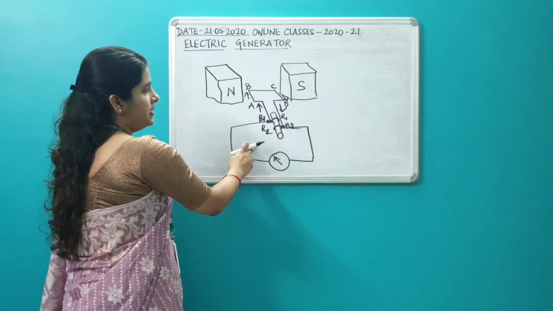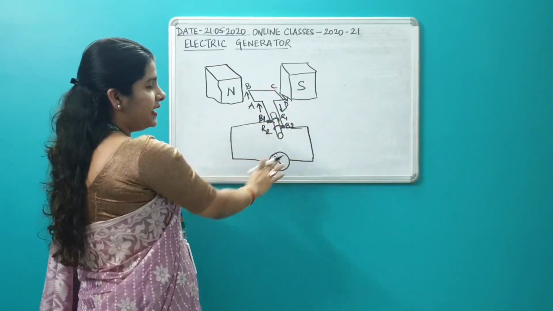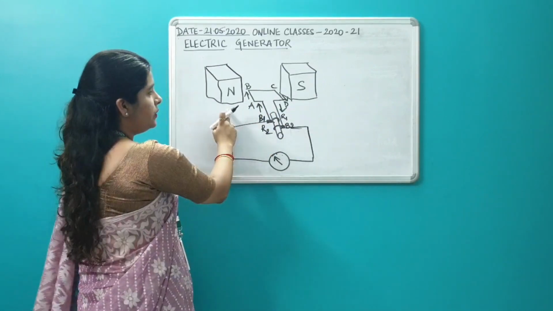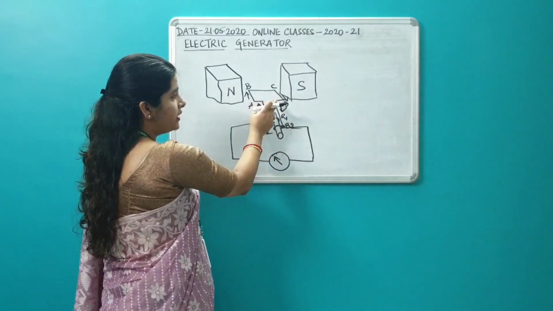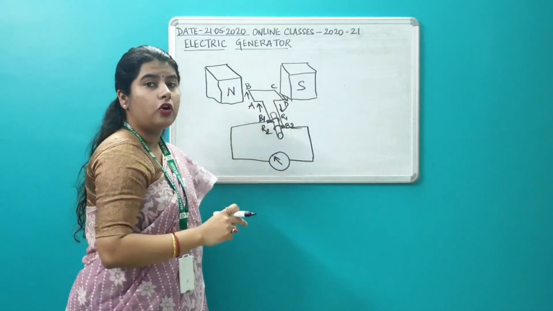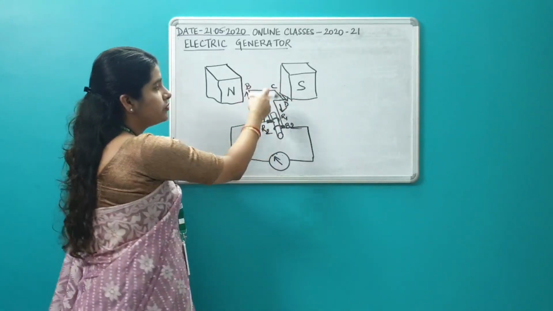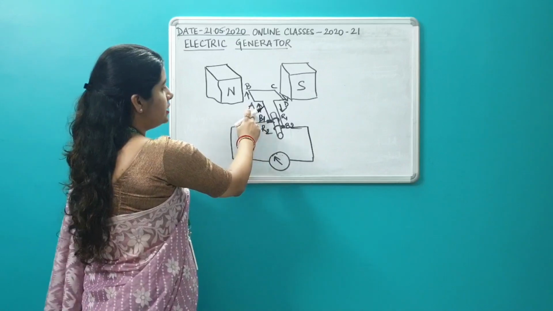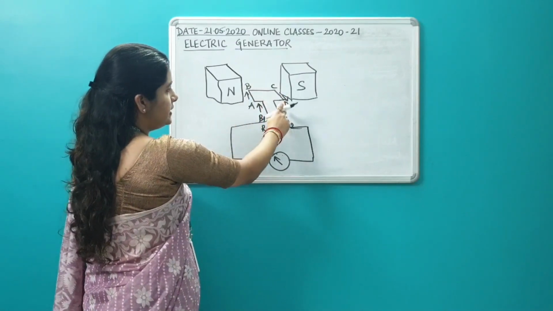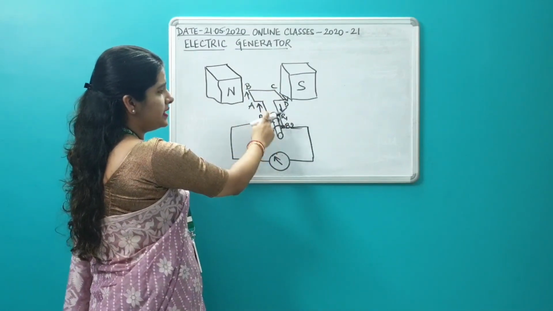Now, once again I am describing this figure. We have the magnetic field, the North Pole and the South Pole, and we have kept a rectangular coil within the magnetic field, and this rectangular coil is A, B, C, D. You can see there is an axle.